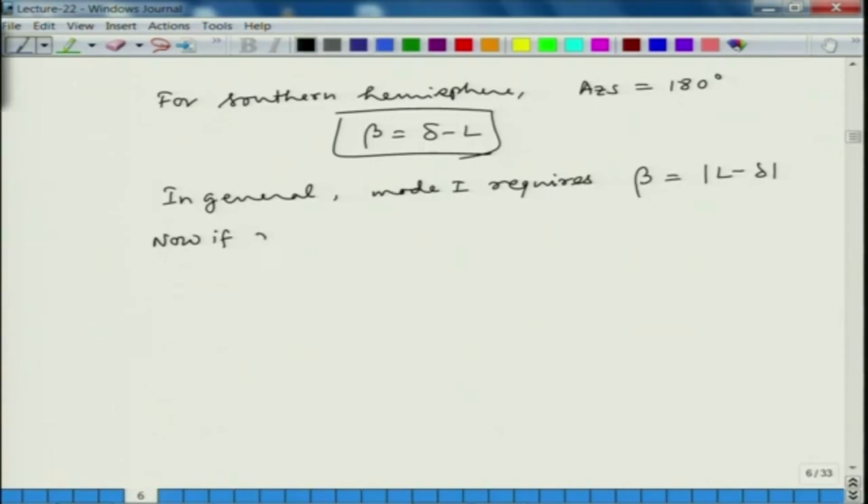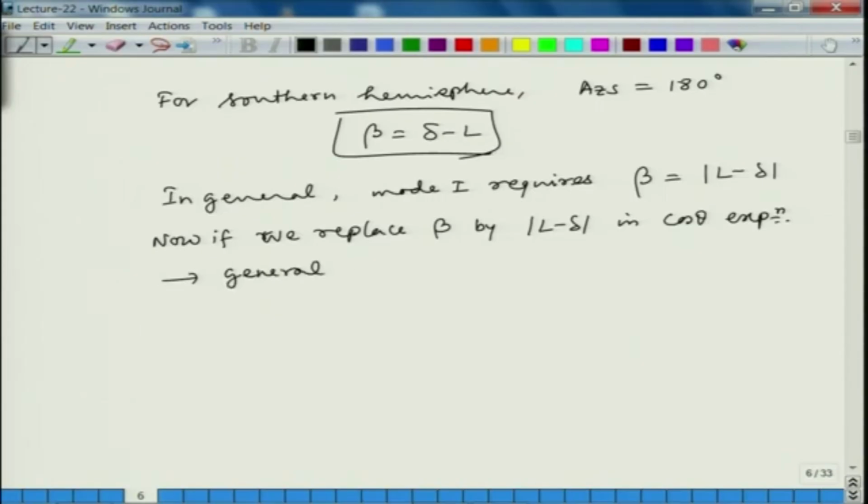If we replace beta by this mod of L minus delta in the cos theta expression, we get the general expression for cos theta, which will tell at any time what your incidence angle will be.